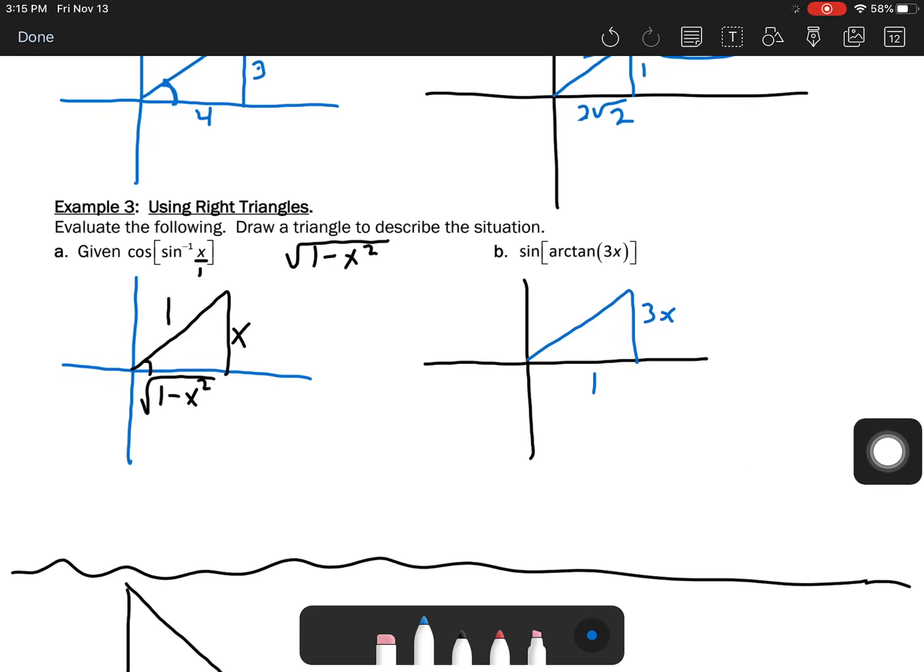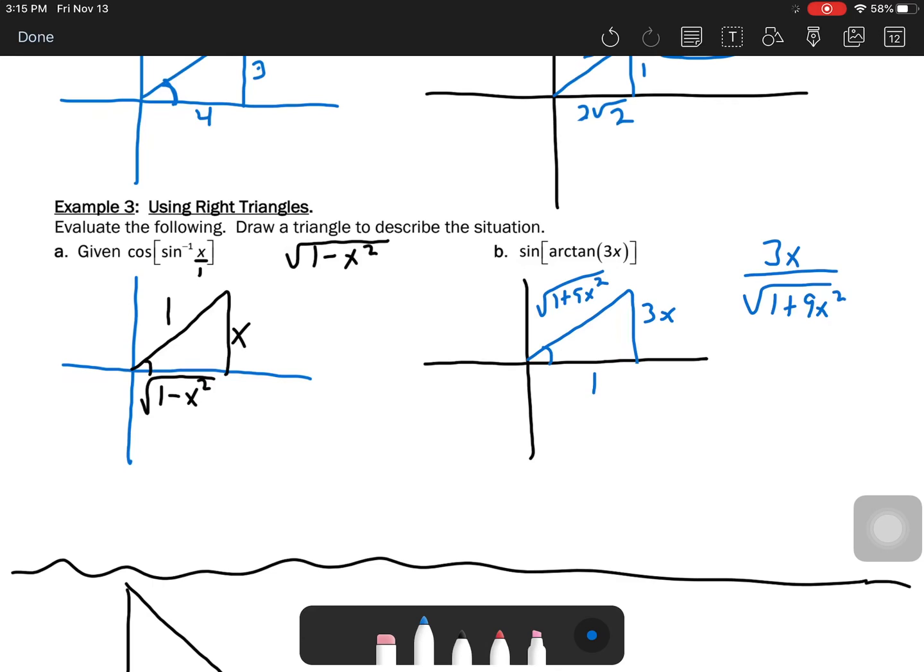So 1 squared is 1 plus 3x squared, which is 9x squared, so this would be the square root of 1 plus 9x squared for that side. And if this is my angle in question and I want to do the sine, I would take the opposite over the hypotenuse, and so that would be 3x over the square root of 1 plus 9x squared.